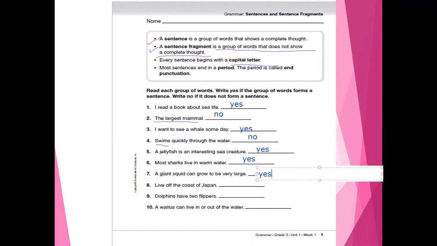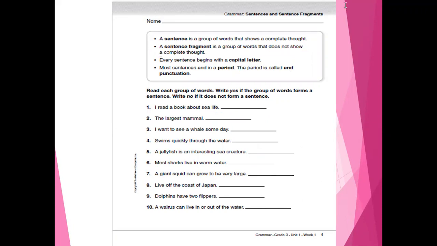Live off the coast of Japan. Who live off the coast of Japan? We don't know. So it's no, it's not a sentence. It's a fragment. It doesn't have a subject. Dolphins have two flippers, sentence, because it has a complete thought. A walrus can live in or out of the water, sentence.